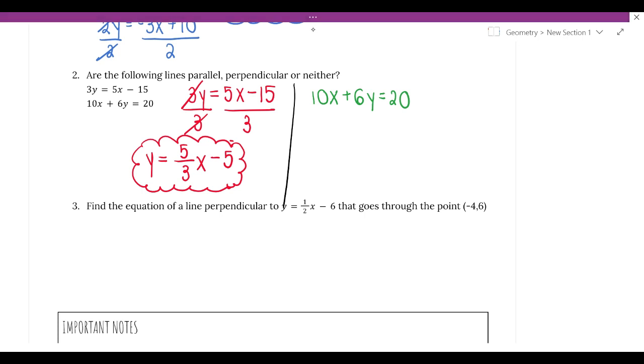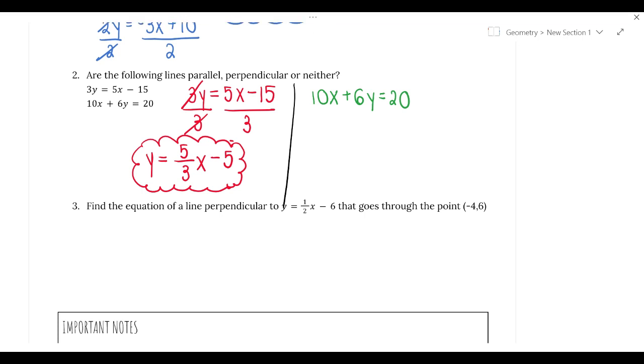Alright, let's do the same thing to the equation on the right side. So in order to get the right side equation into the y equals mx plus b form, we are going to subtract 10x on both sides. And we are going to divide both sides by 6.